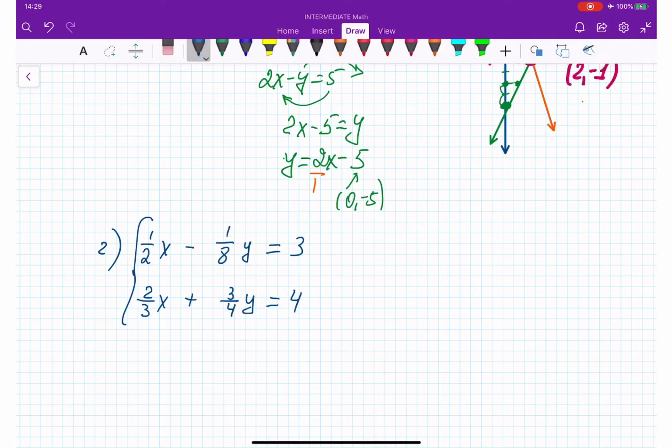Solve with the method of substitution. So we are going to use the method of substitution.